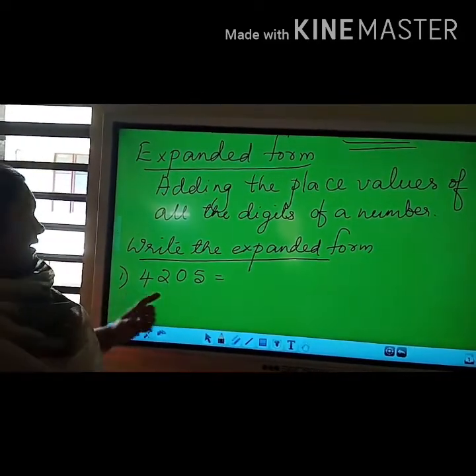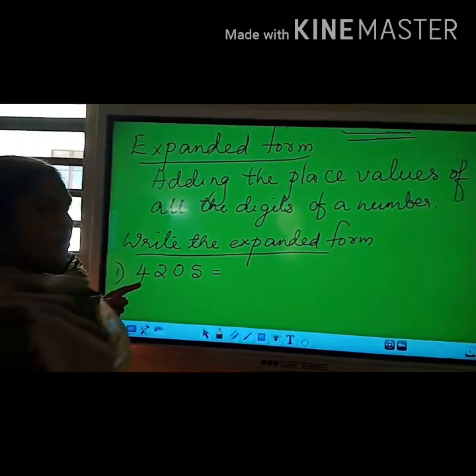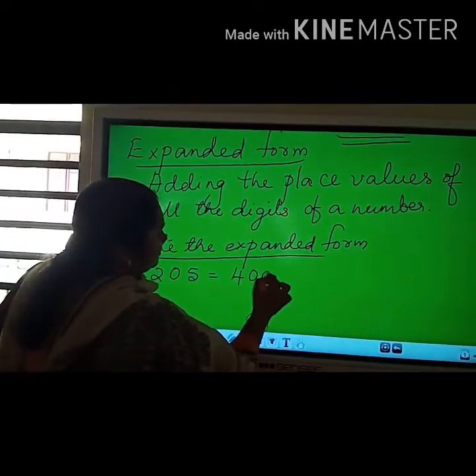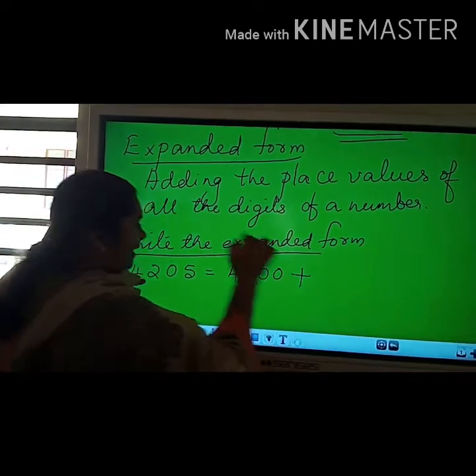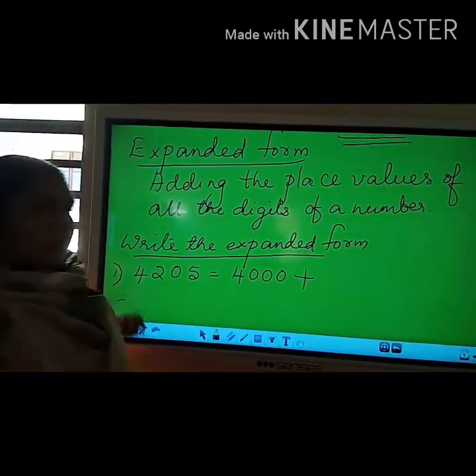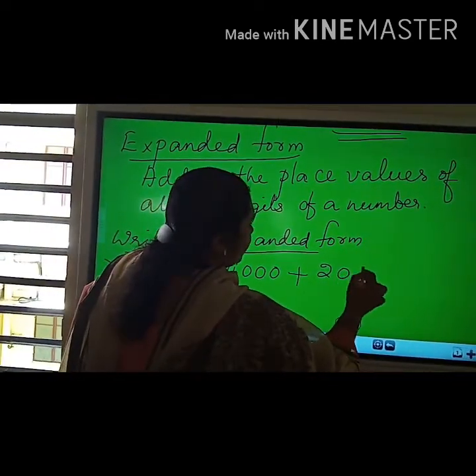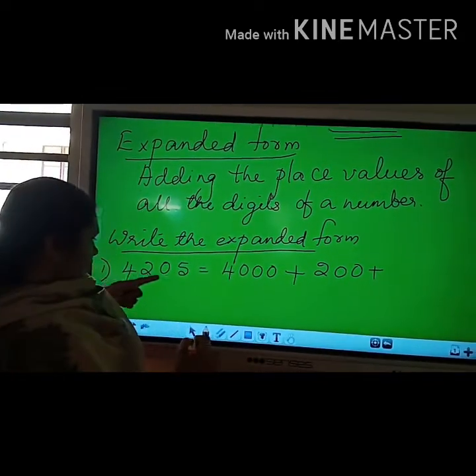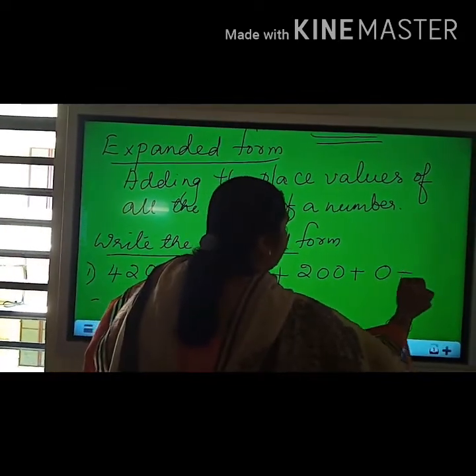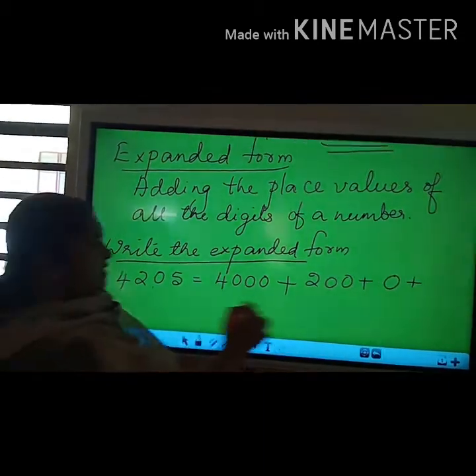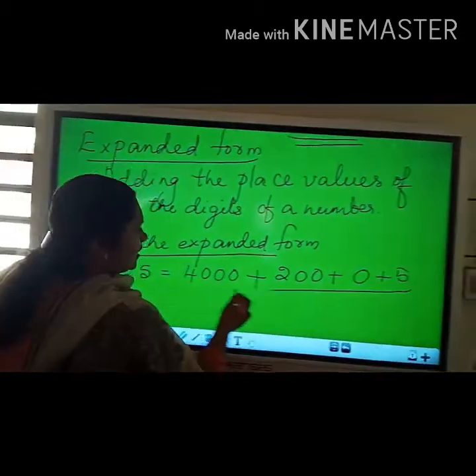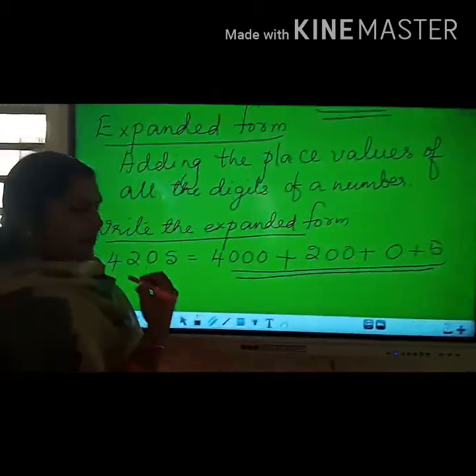Now directly we can write. What is the place value of 4? 4000. Then you add plus, what is the place value of 2? 200. The place value of 0 is 0, and the place value of 5 is 5. This is the expanded form. So one more.